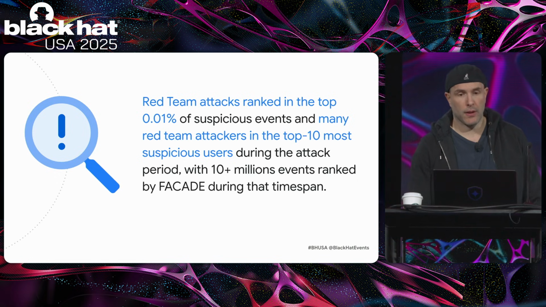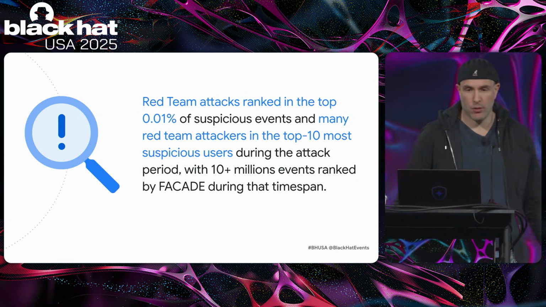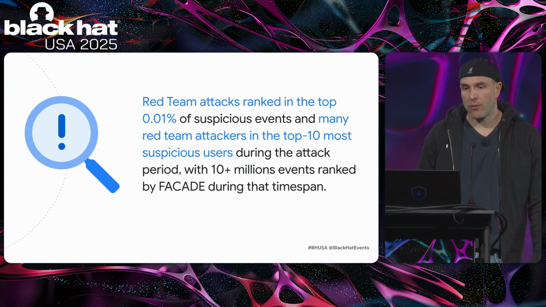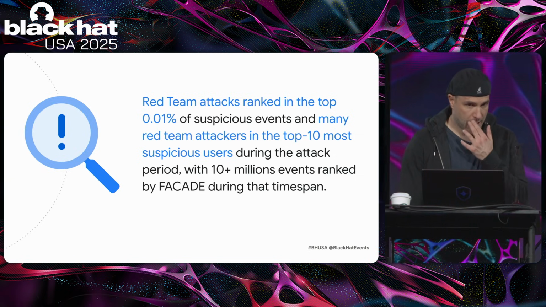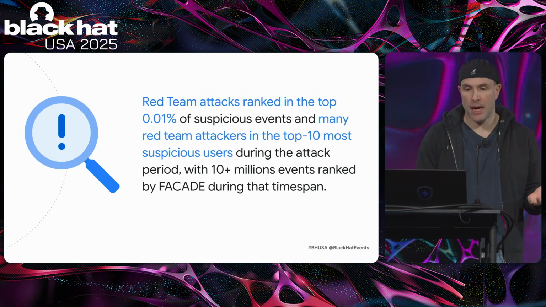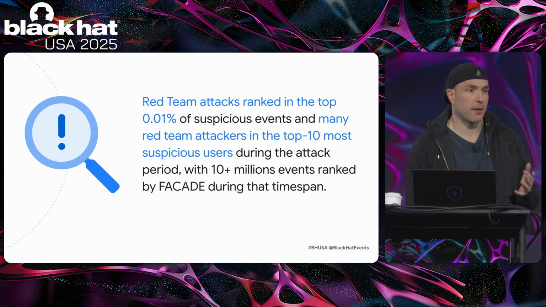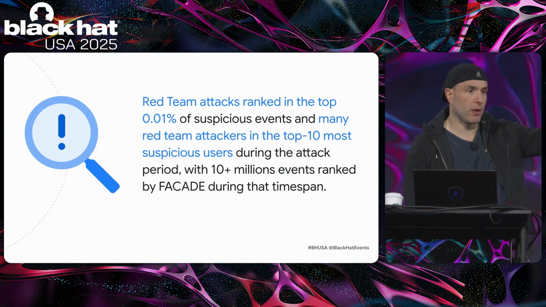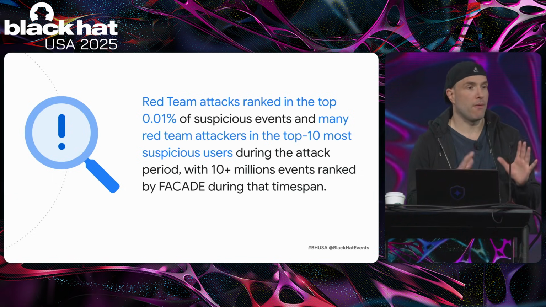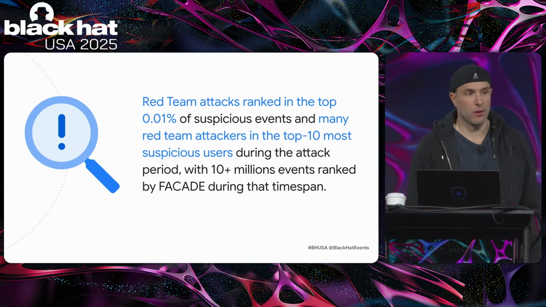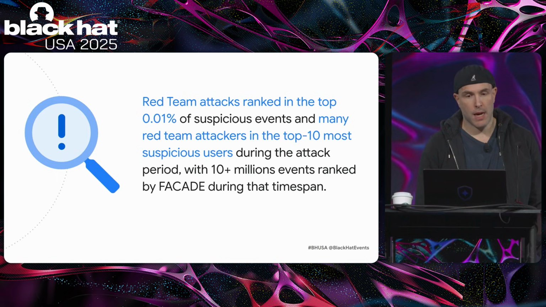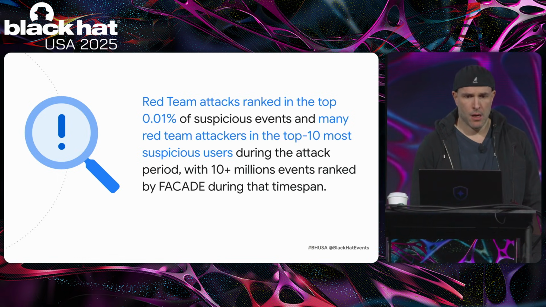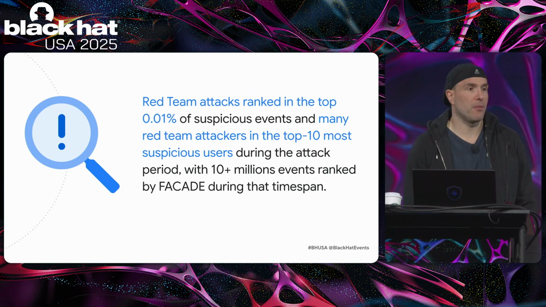So how good is it? Without spoiling what Alex is going to tell you, we ran a bunch of red team attacks, and in many cases, Facade is able to detect the red team as a 0.01% most suspicious event, which means that with very, very few investigations of events, we're able to catch red teams. And those are tests we performed on tens of millions of events.